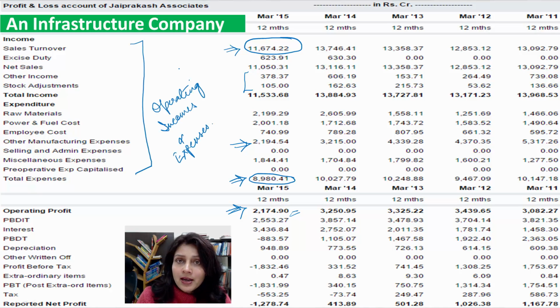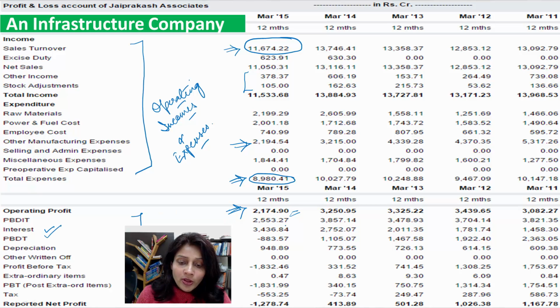We would primarily be concerned with this top section because it covers operating incomes and expenses. The lower section after operating profit comprises of non-operating expenses and non-operating incomes, which includes interest.